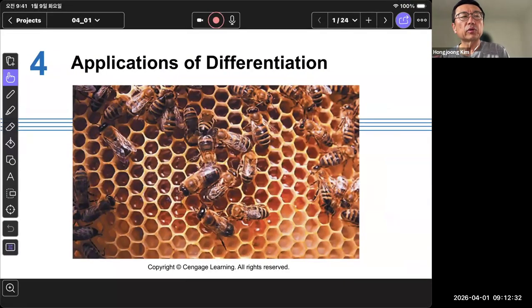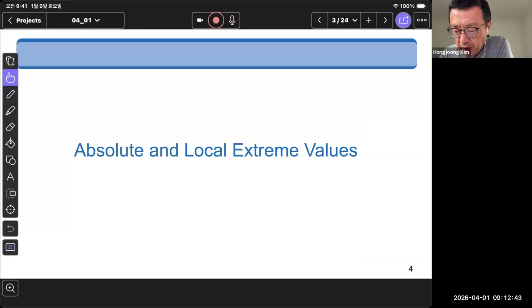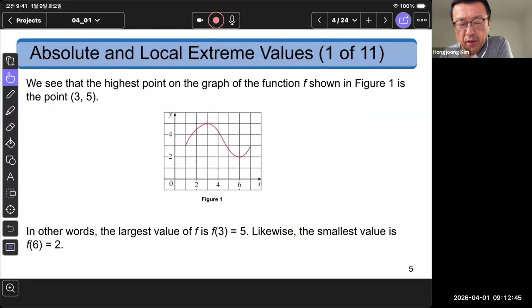So here we want to derive some theorems, okay, from the general differentiation formula. And this section considers the maximum or minimum. Okay, and this section is quite important if your research field is related with some kind of optimization.